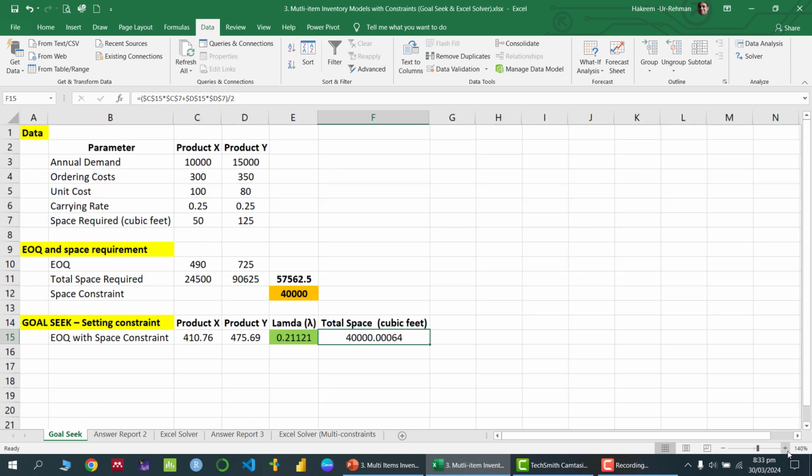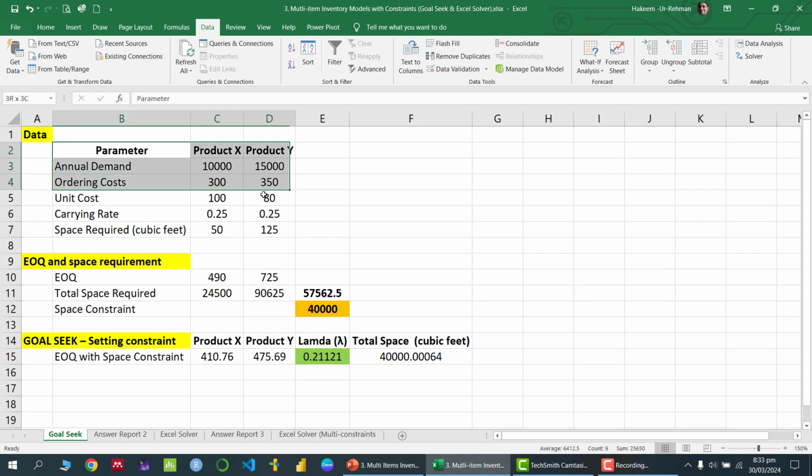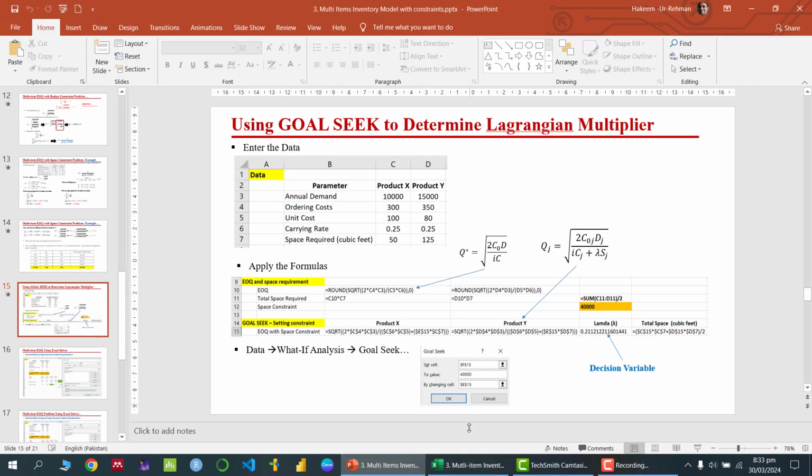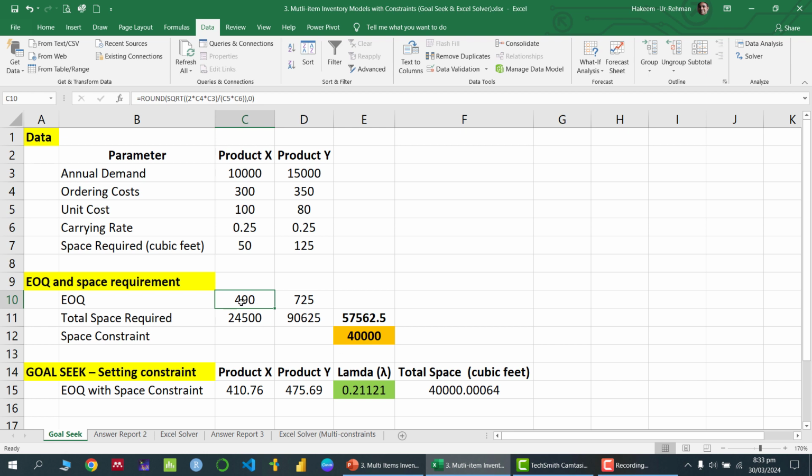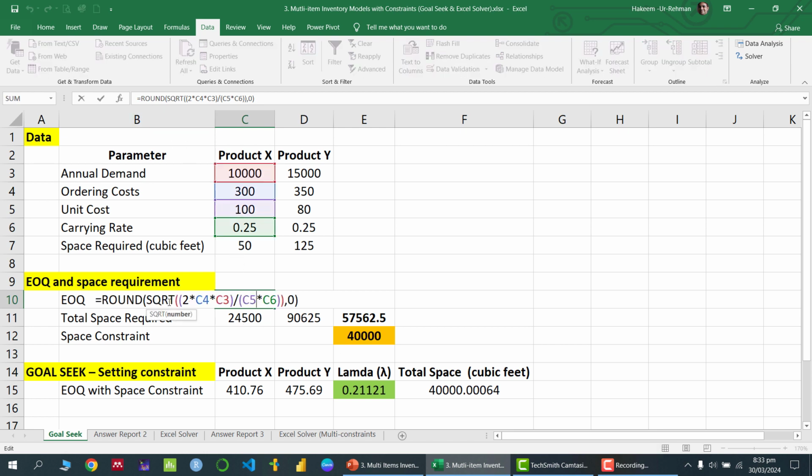In Excel, what I have done is put down the data that was given in our problem: the annual demand of product X, annual demand of product Y, ordering cost, unit cost, carrying cost, as well as the space. Then I simply applied the EOQ formula of the single product, using ROUND up to 0, which means I do not need the fractional part of the result.